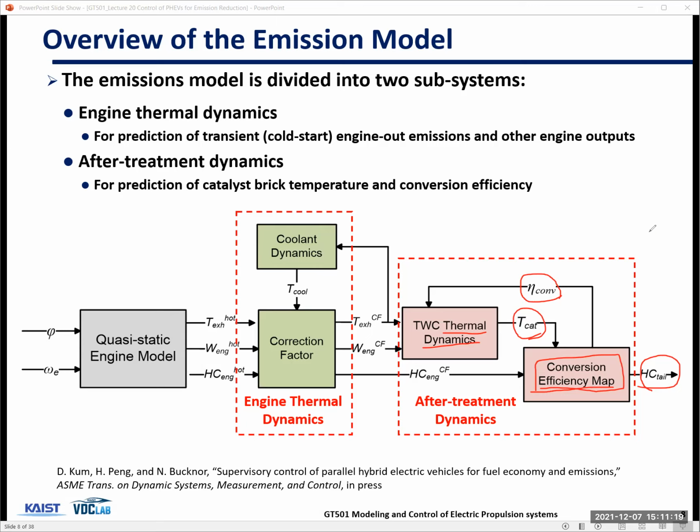If you look at the state variables, the dynamic states, we have two: coolant temperature and catalytic converter temperature. This is more detail.